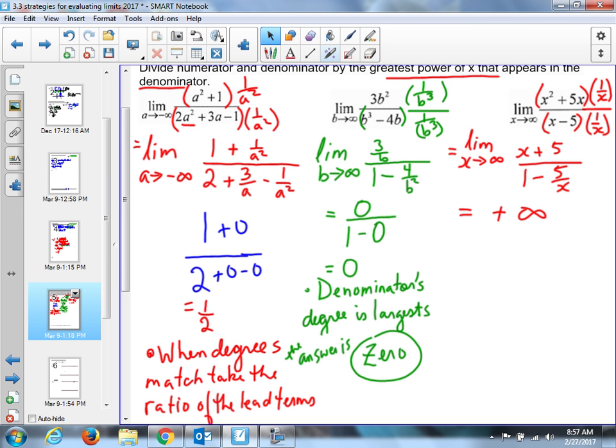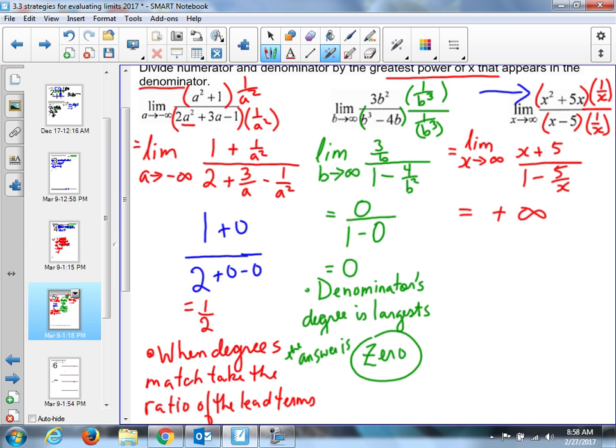Now, there's scenarios where you have asymptotes that run on lines or sometimes take the shape of a parabola. We're not worried about those. We're just worried about positive or negative infinity in this particular class. By the way, I'm not going to write a general statement for this. You've got to work these ones out.